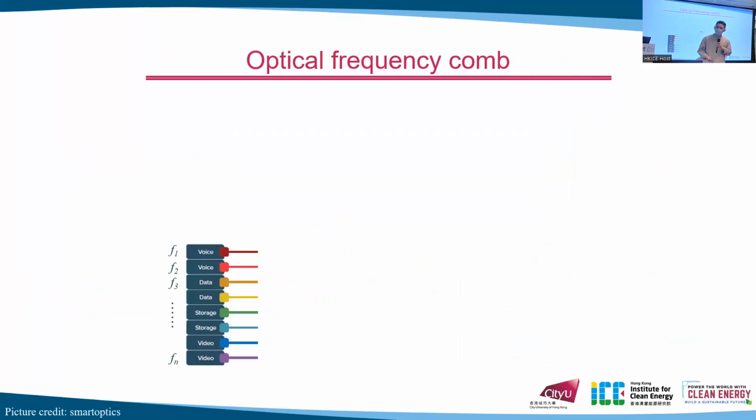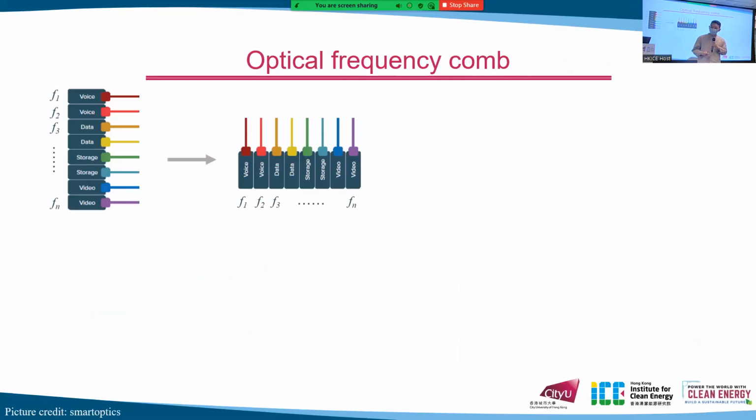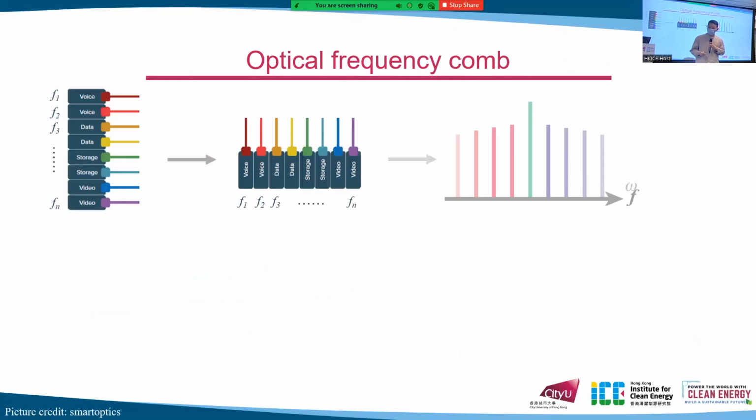If we look at the WDM system, the source is light with different frequency components. If we do a transformation, maybe more transformation, we can get something like this.